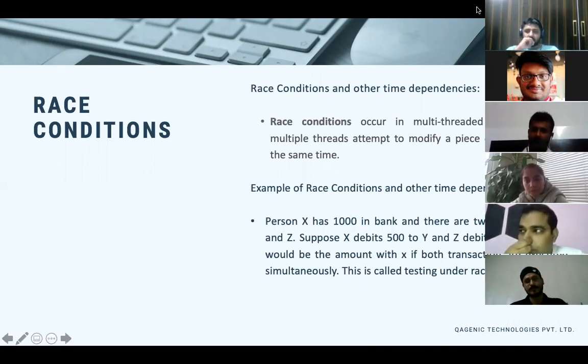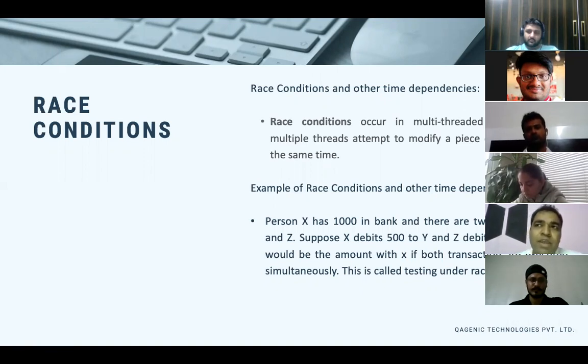But in general, a race condition is where multiple users are trying to access the same data or same feature at the same time. Okay, so can you think of any such scenario where you think a race condition happened and you saw the crash or you noticed that the application was not behaving properly?